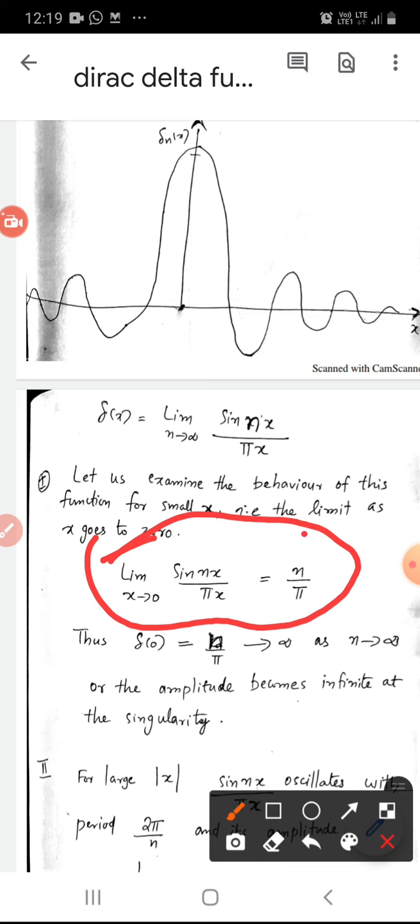Since n is in the numerator, as n tends to infinity the amplitude goes to infinity at the singularity at x equal to 0.